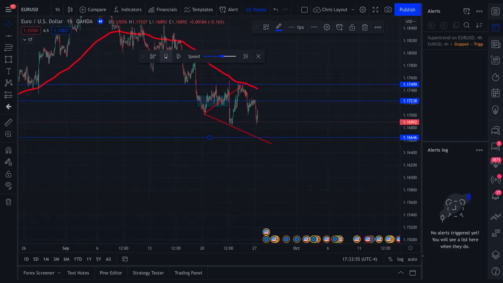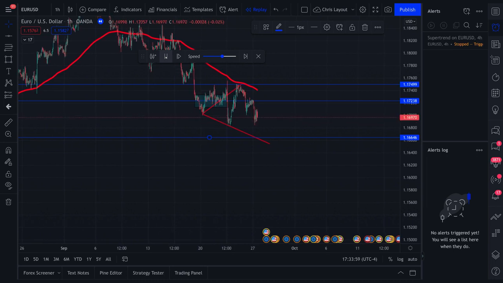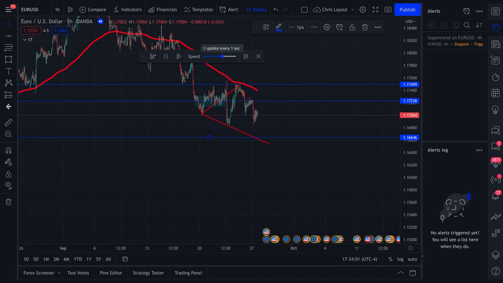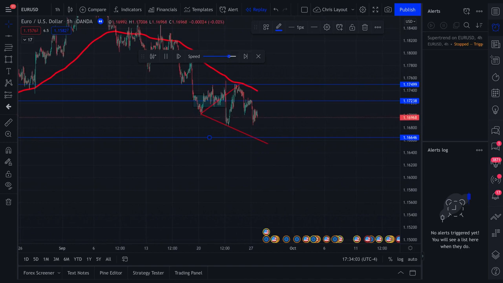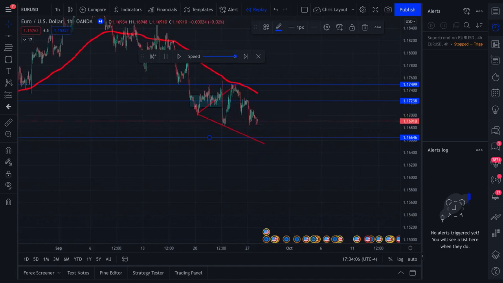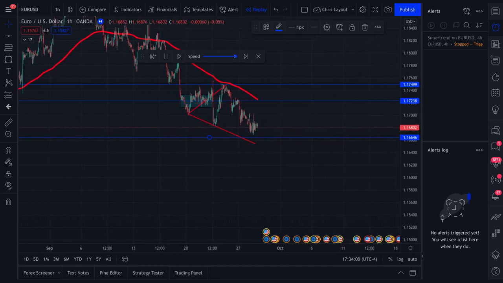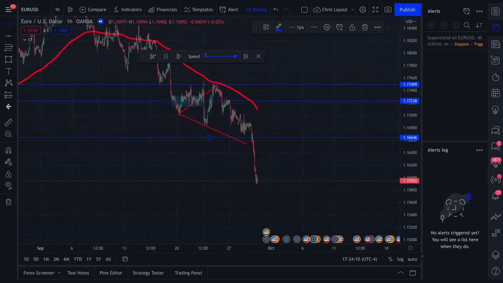And now, what do you think is going to happen when it touches the lower line? Let's see if it does. It's going. Boom. You just made $10,000. No, I'm just kidding. You just made money. And that's literally how it works.